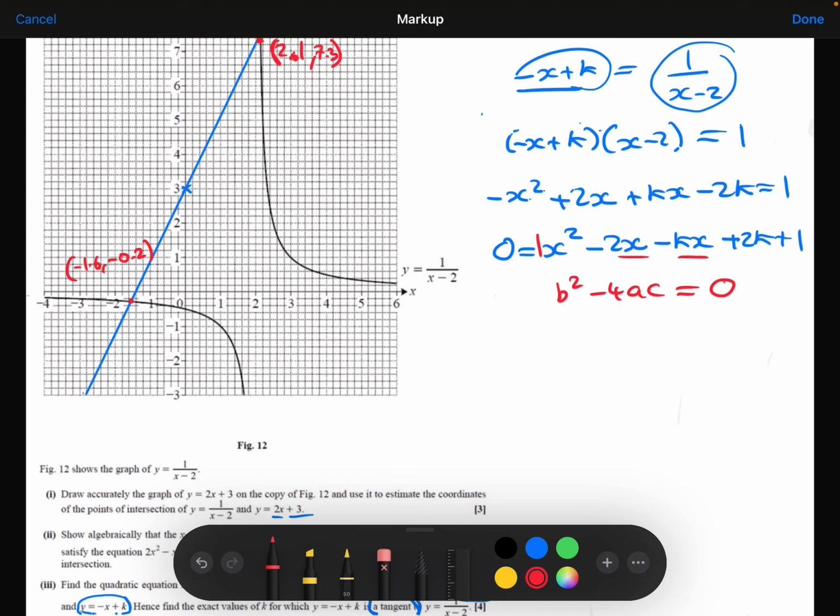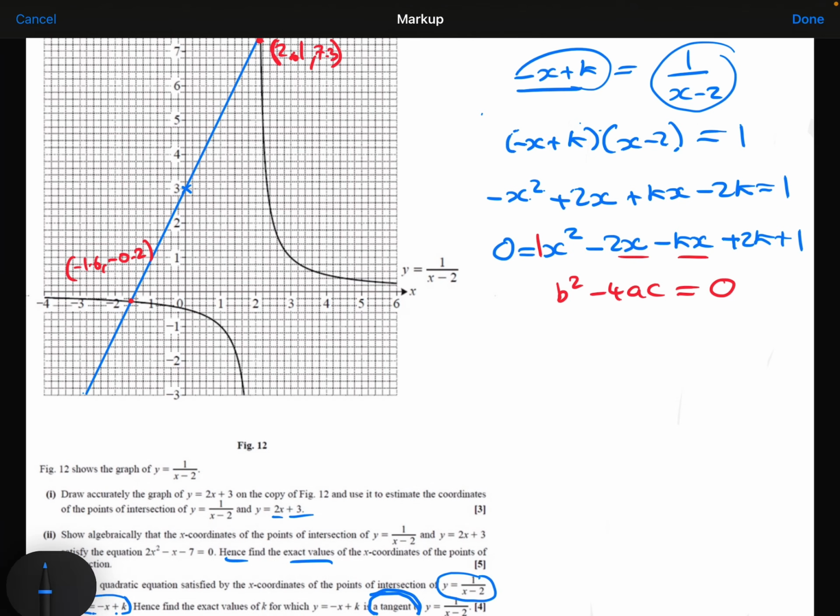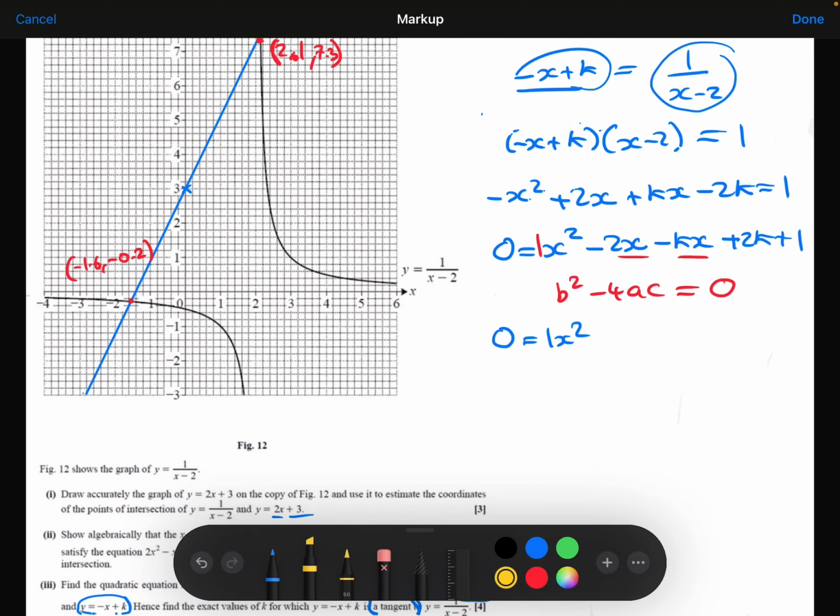So what I'm going to have to do is a little bit of factorising here. So I'm going to rewrite this. So we'll have 1x squared at the front, and I'm going to factorise the x outside. So it's going to leave me with minus 2 minus k, times x.